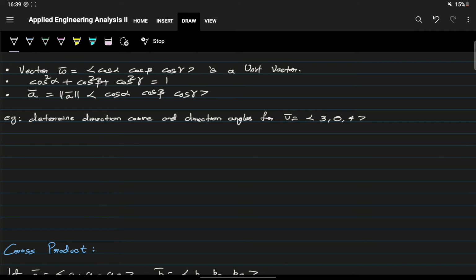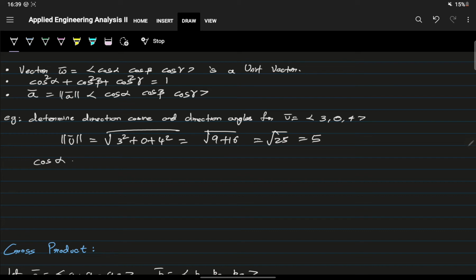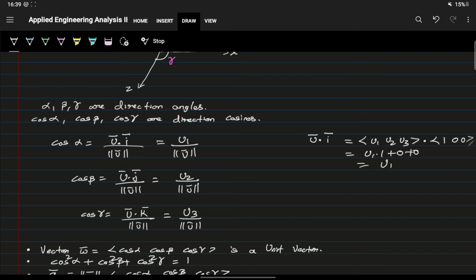So let us consider, we need to find the direction cosines and the direction angles for the given vector u, 3, 0, and 4. First, let us calculate the magnitude of u. It is 5, and then cos alpha is 3 by 5.